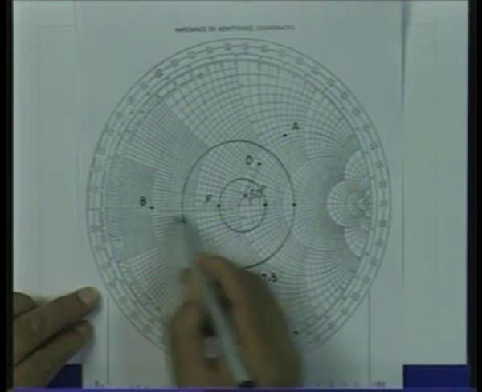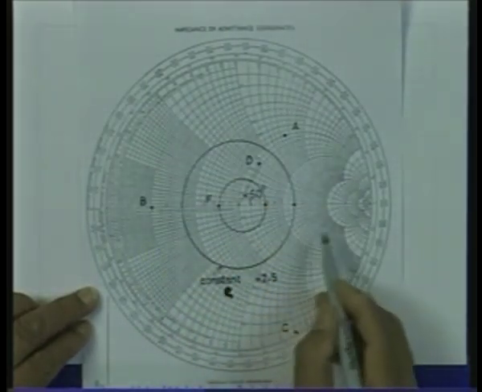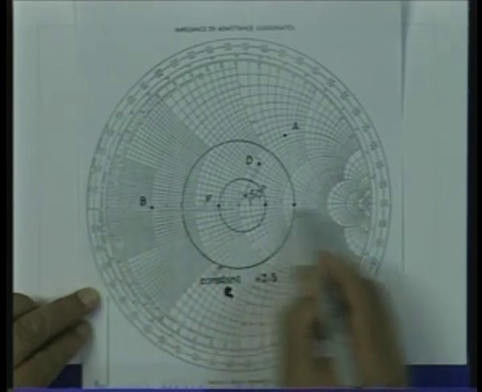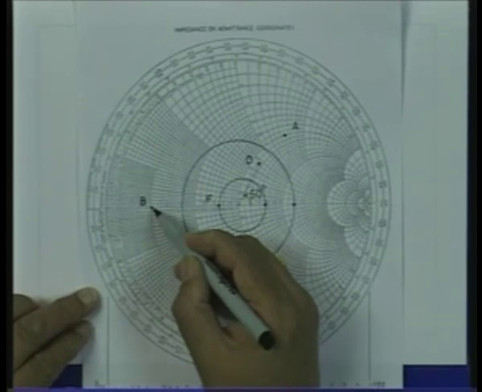So, we go to the circle which is r equal to 0.2 circle and find its intersection on the horizontal axis. So, this point B represents an impedance which is 0.2 plus j 0 in normalized terms, or 10 ohms plus j 0 in absolute terms.